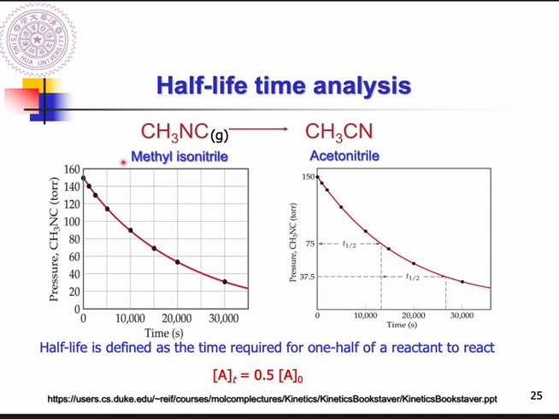So the same idea: when I have methyl isonitrile converting to acetonitrile, I also measure the concentration of reactants as a function of time and draw the curve like this. Instead of getting the slope for each time point, I analyze how much time it takes for the concentration to drop from 115 to half, so it will be 75 in total, right?